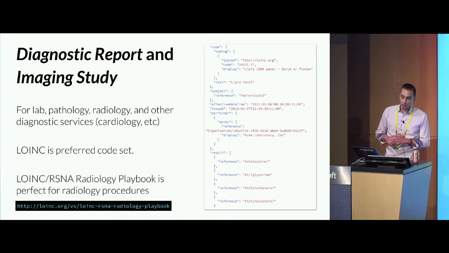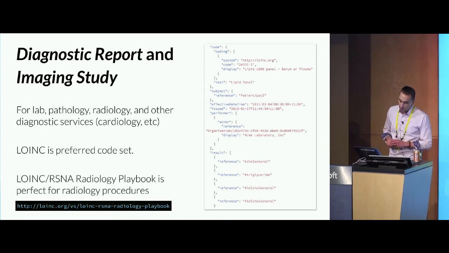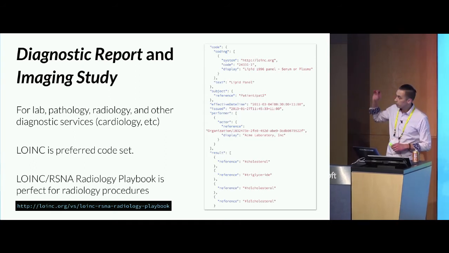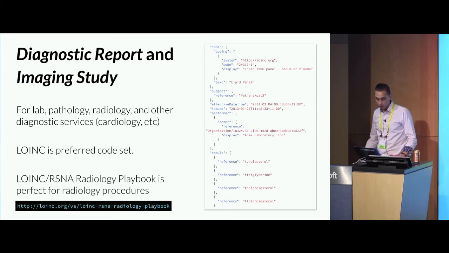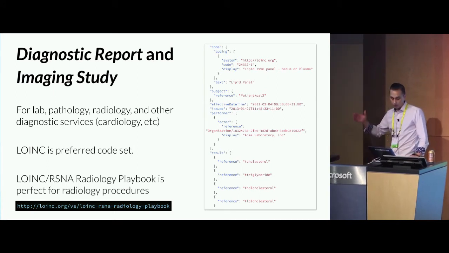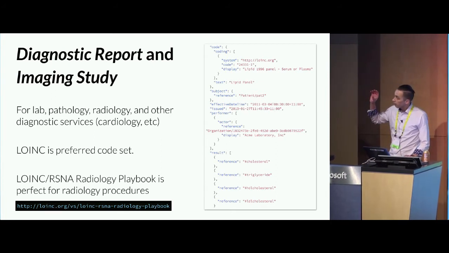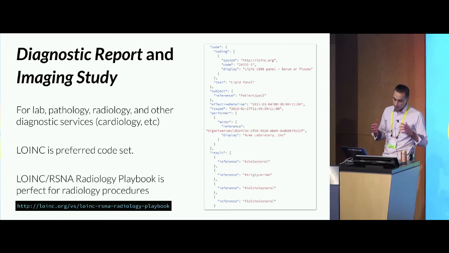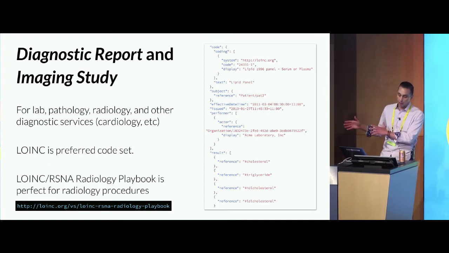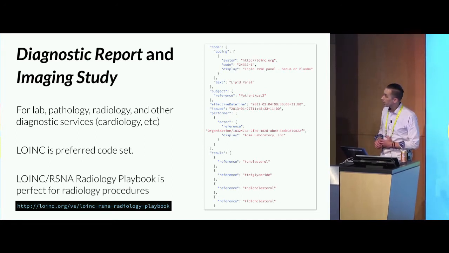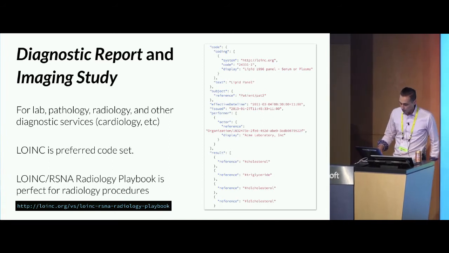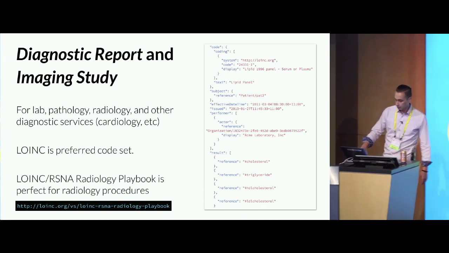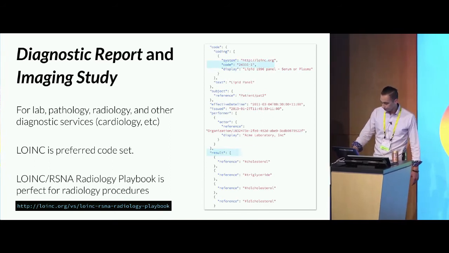And in particular, for the imaging studies and radiology reports, there's a special section of LOINC called the LOINC RSNA playbook that's perfect for radiology procedures. And this is an approach to modeling this content that was jointly developed between the model that LOINC had and the Radiological Society of North America, and is an ongoing partnership there. So I've got a link to that set of codes in there as well.